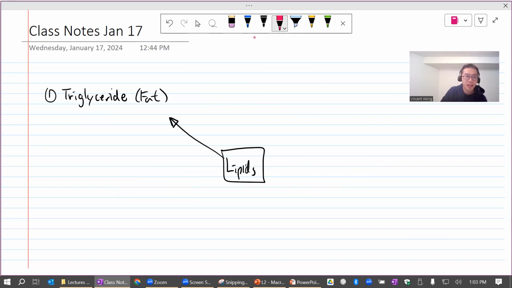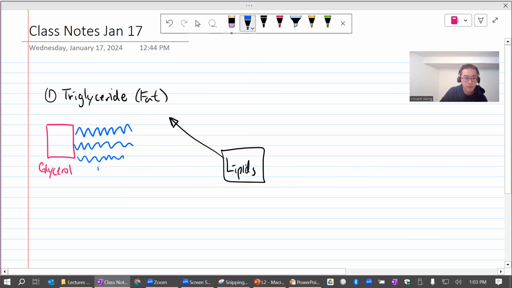How do we make fat? We have the glycerol plus the tails, the fatty acids. They could be saturated, unsaturated. We already talked about it.